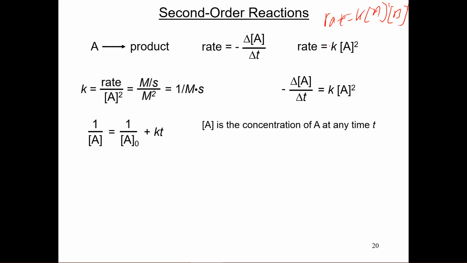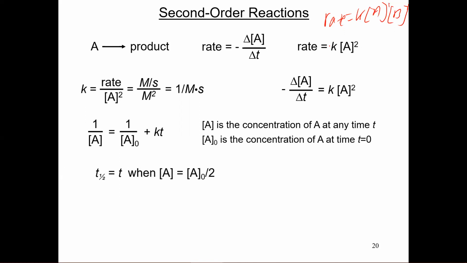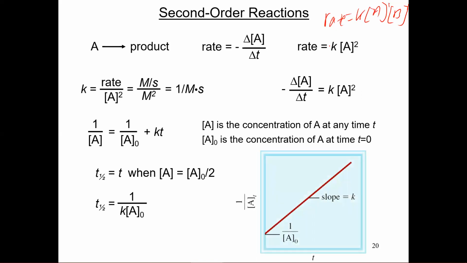You then do the logs associated with each of them. A is the concentration of A at any time t. A0 is the concentration of A at time equals 0. You plug the values in there for each, and the half-life is going to be equal to that when you have a second order reaction with A alone.